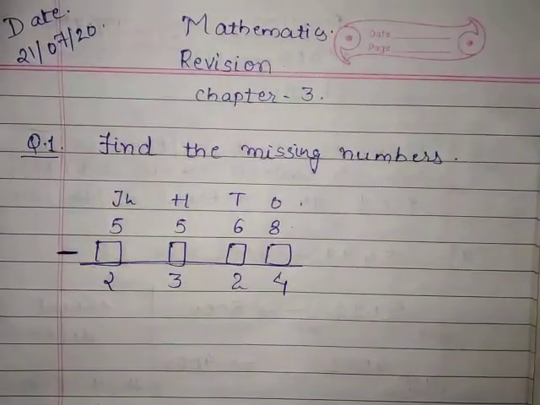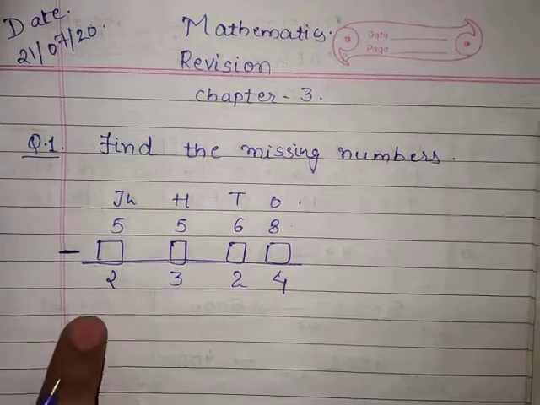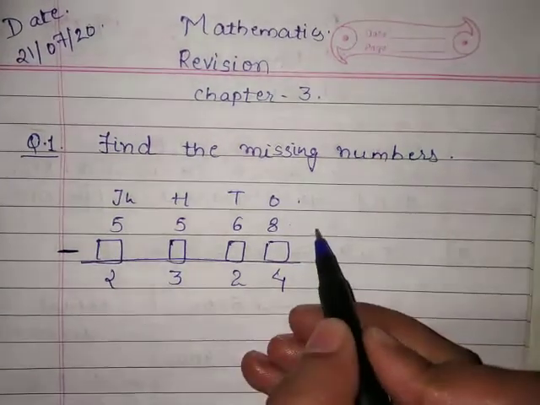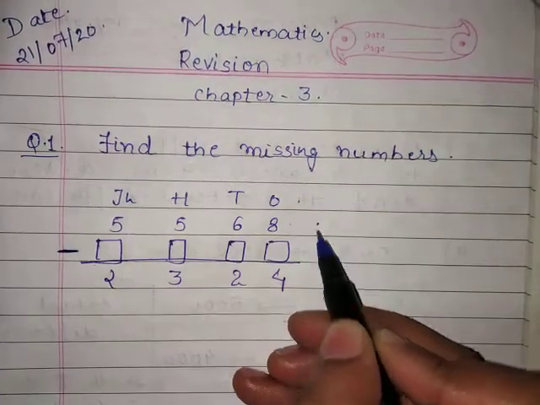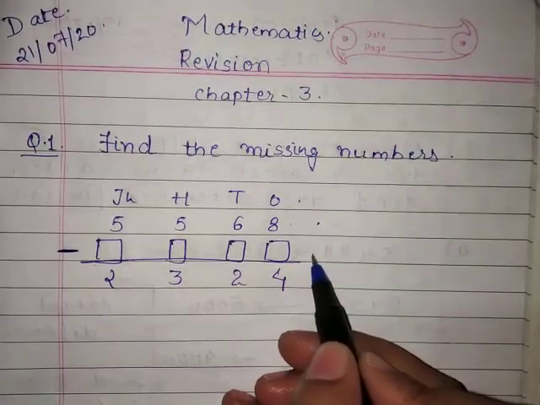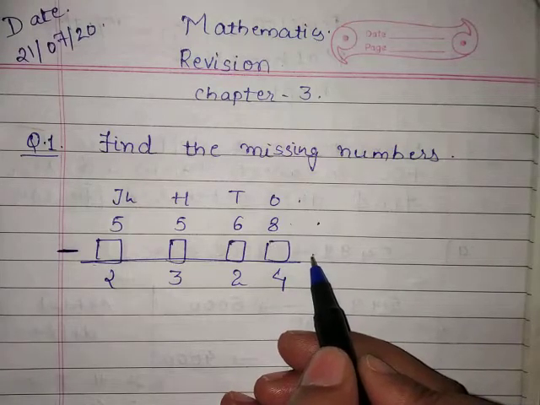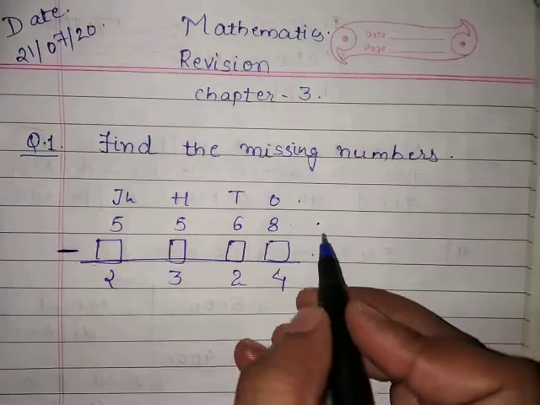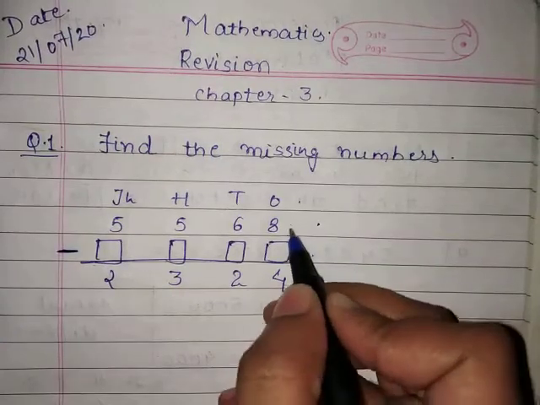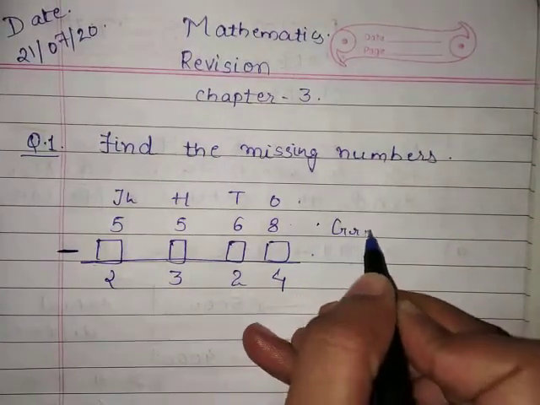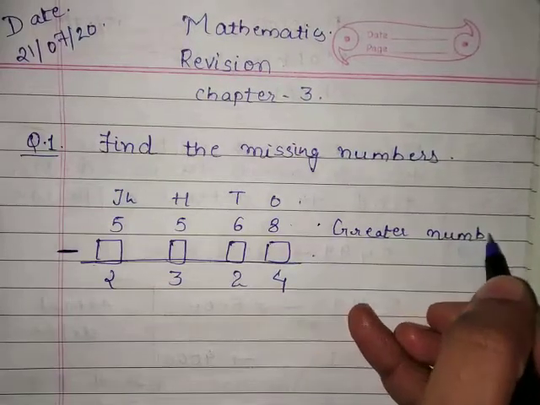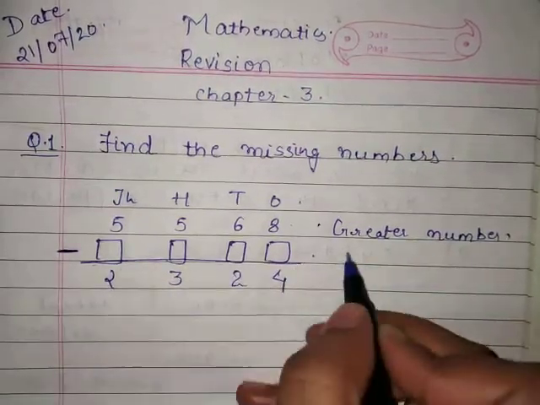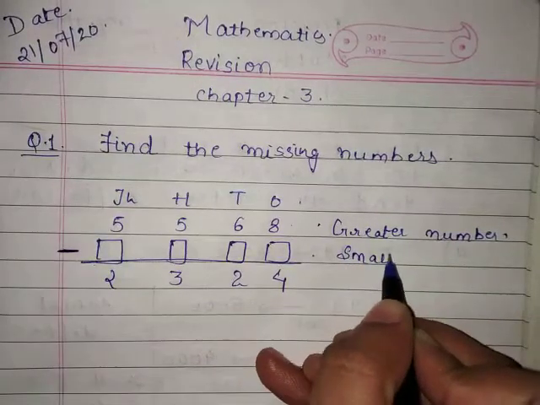So my dear children, as you can see, this is the given number. From this number, we have to find which number is subtracted. When we do the subtraction, first we write the greater number. So this is the greater number here, and this is the smaller number here.